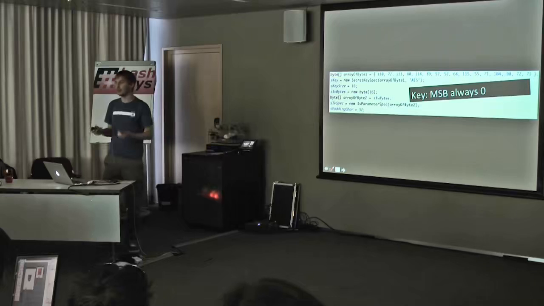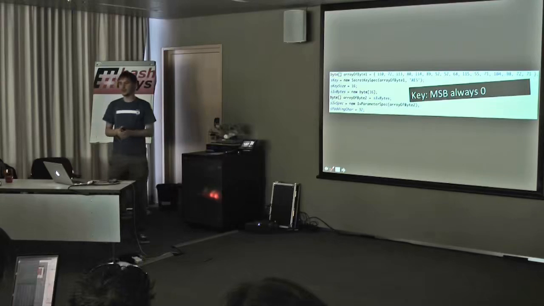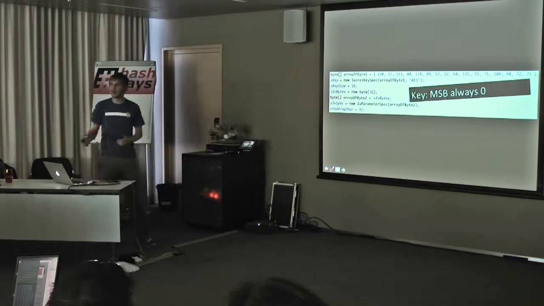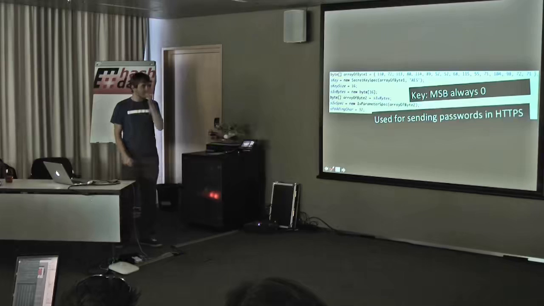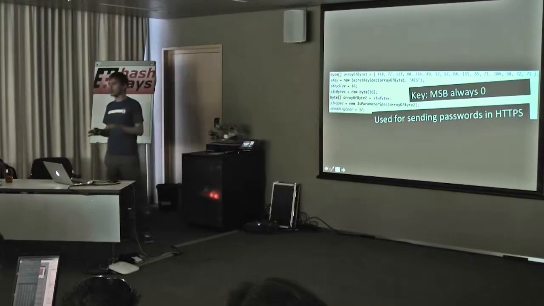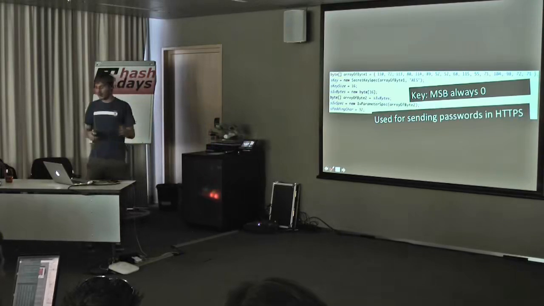So the developer was just trying it out and was like, okay, 128 doesn't work, so I'll just use numbers from 0 to 127. Actually, it was used to send passwords over HTTPS, so it was still protected by SSL, so it's not that bad.